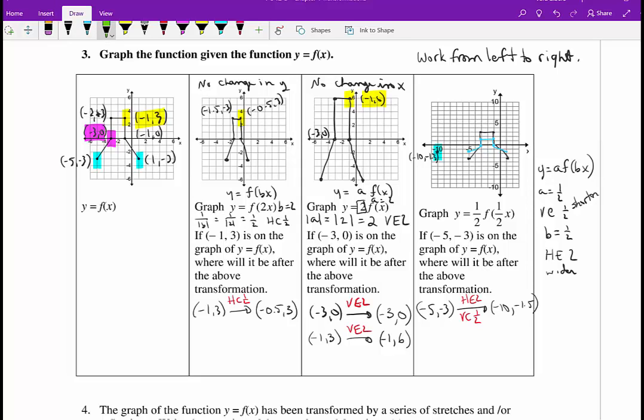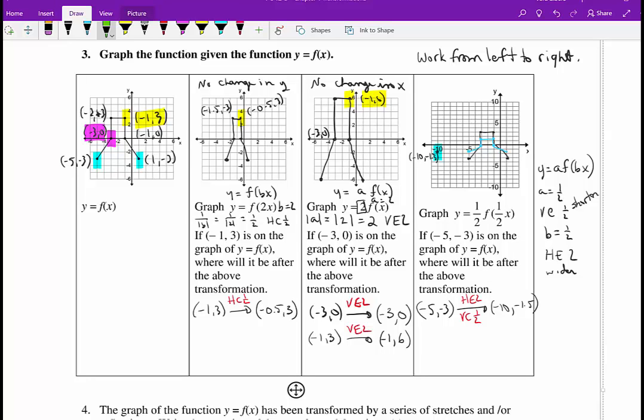Okay, and I'm going to do the horizontal expansion by a factor of 2 in green. So now we're going to take all of our points and we are going to increase the distance from the y-axis by a factor of 2. So once again, we're on the far left.